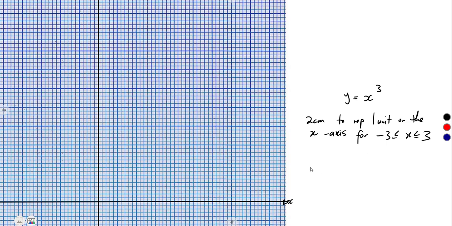Given this Cartesian plane, we are going to try to sketch the graph of y is equal to x cubed, using 2 centimeters to represent 1 unit on the x-axis, for values of x ranging from -3 up to +3.